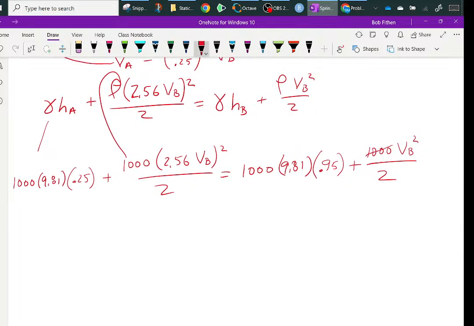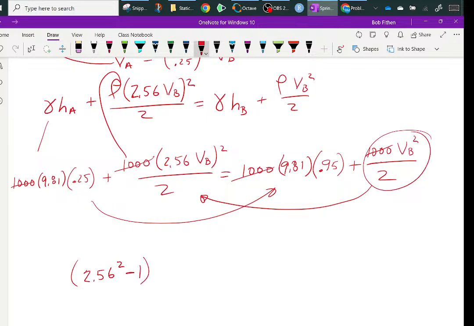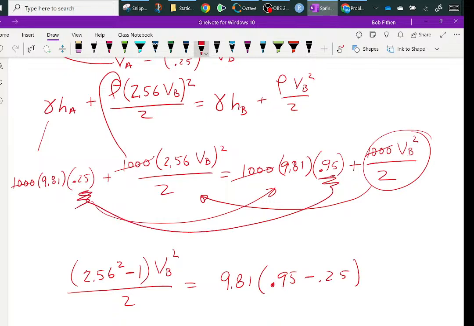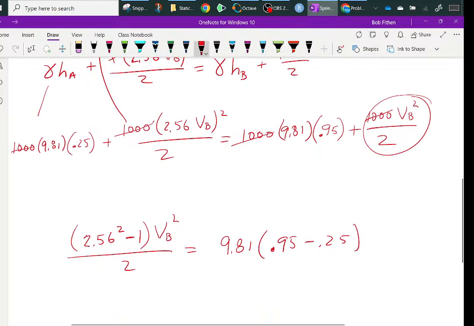You can take out that, and that. Here, I'll move this one over here, and I'll move that one over there. So what I'll get is 2.56 squared minus 1 from this one, times VB squared over 2, is equal to 9.81 times 0.95 minus 0.25, taking the 0.95 and 0.25 and getting rid of those.